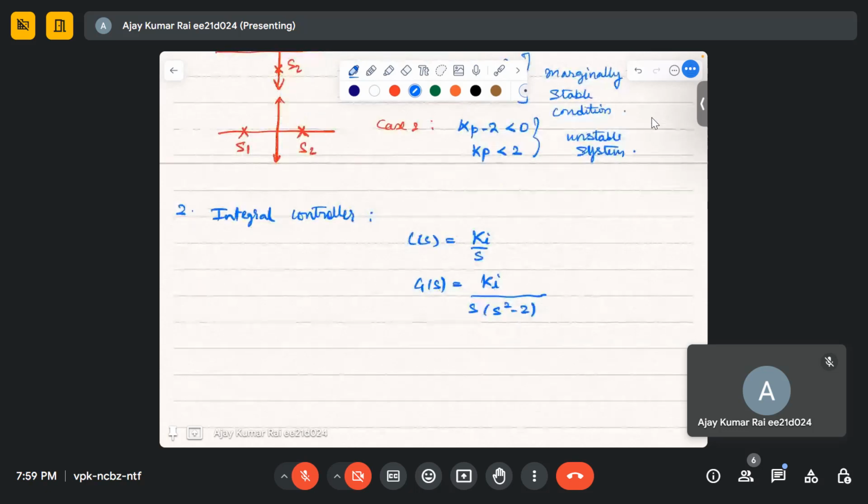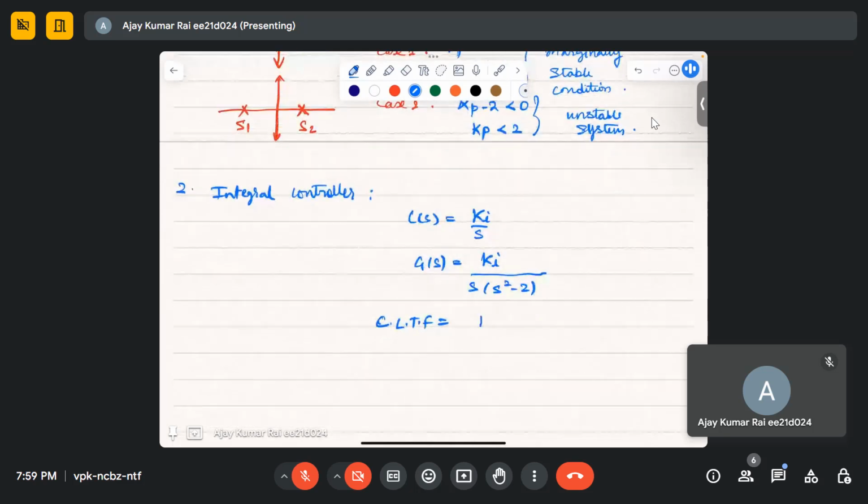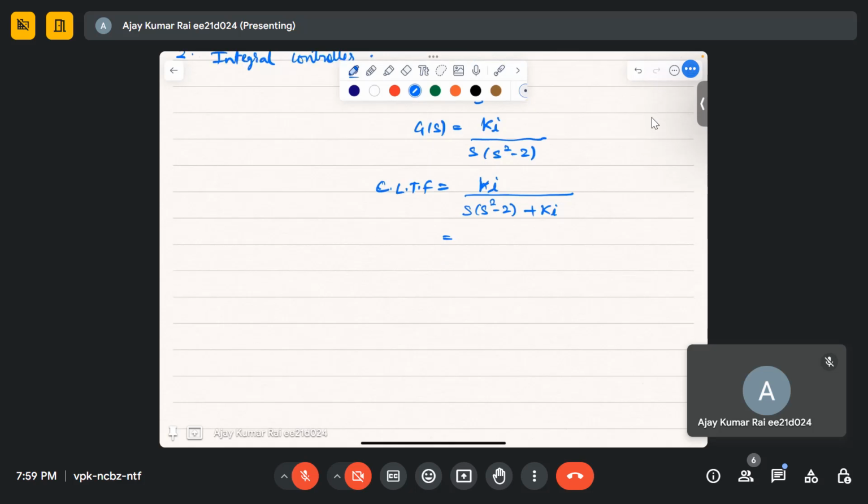The closed loop transfer function will be G of S by 1 plus G of S. So directly I'll write Ki over S square minus 2 plus Ki. If you write it, it will be Ki by S cube minus 2S plus Ki.